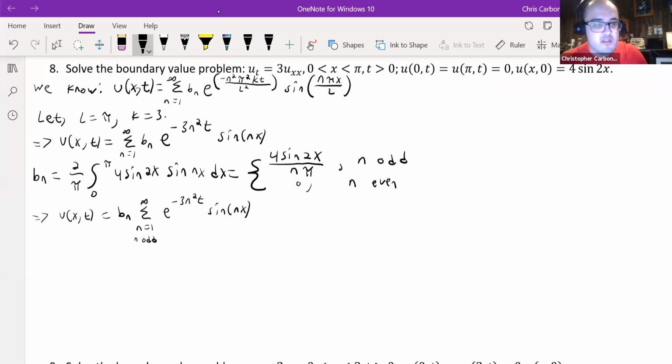If we let t be 0, then we would have e to the 0 power, and that just gives us the value of 1.